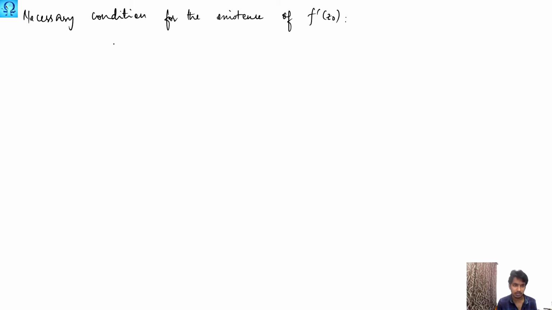So that is, ux(x naught, y naught) has to be the same as vy(x naught, y naught), and uy(x naught, y naught) has to be the same as minus vx(x naught, y naught). These two are the conditions.